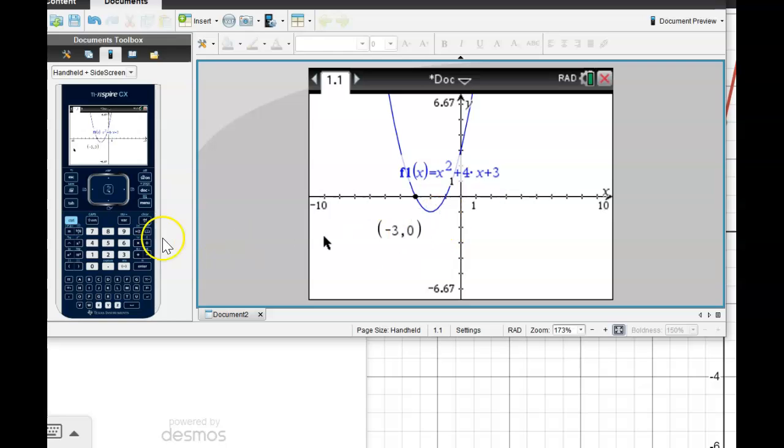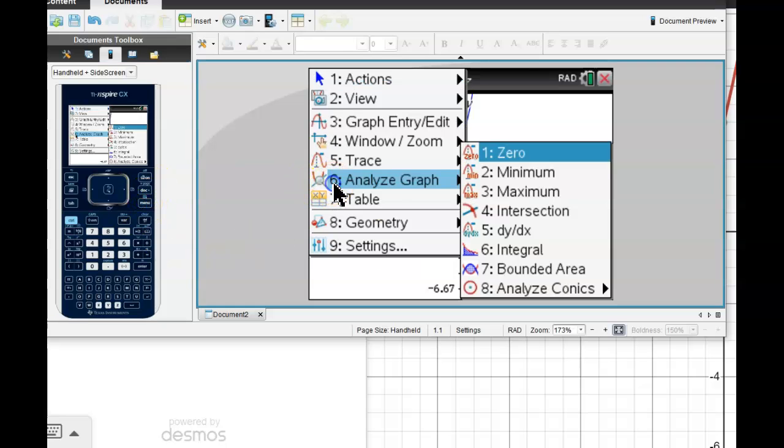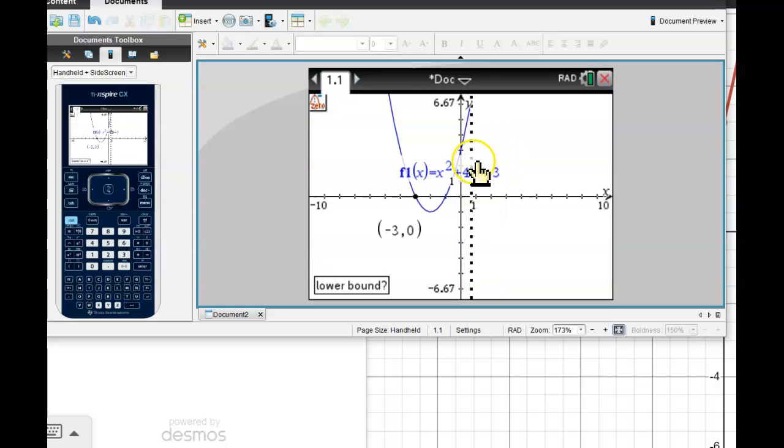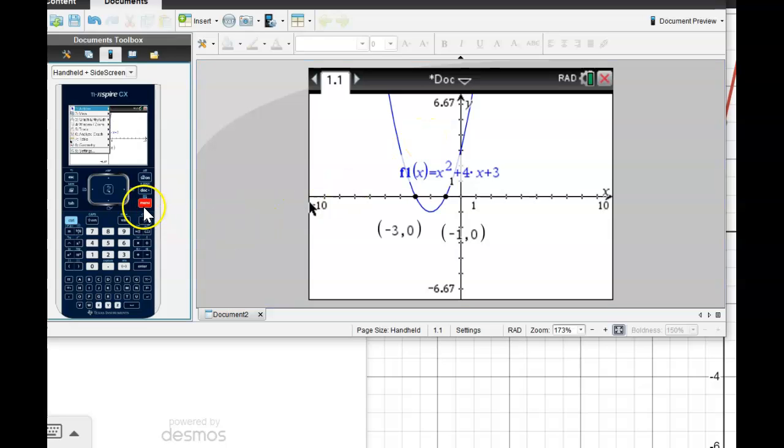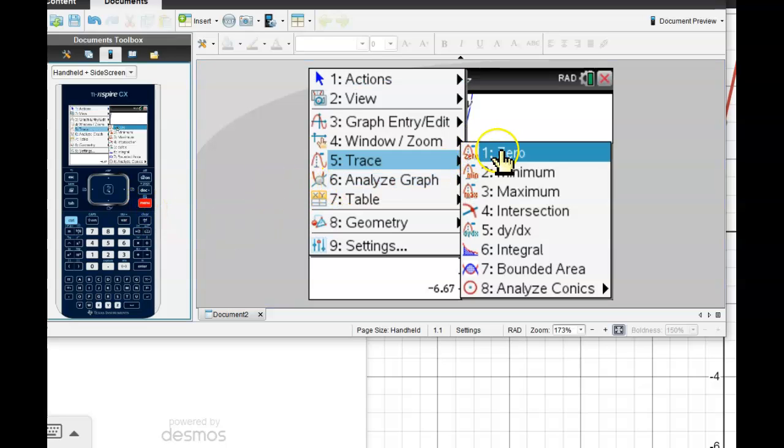If I want to do the other one, Menu, Analyze Graph, 0, I'll go right to the left of this one, right to the left of the point, and then we end up with negative 1, 0 for our other point. Again, basically to do this, you go to Menu, Analyze Graph, 0, and then you have to choose a point to the left of the point you want and to the right of the point you want.